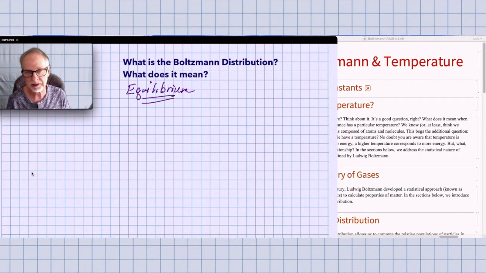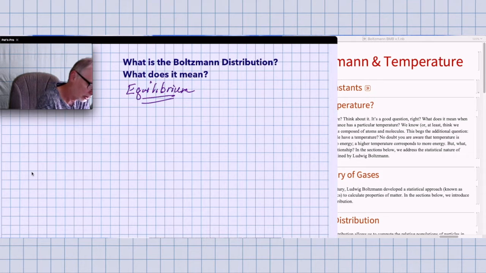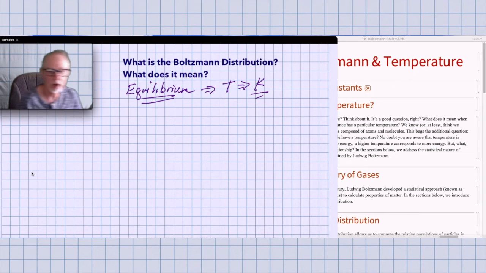Of course, when we talk about energy levels, we're talking about the quantum mechanics of the system, but it represents a distribution of molecules in various energy levels as a function of temperature in kelvins. And unless told otherwise, assume that we're talking about kelvins.